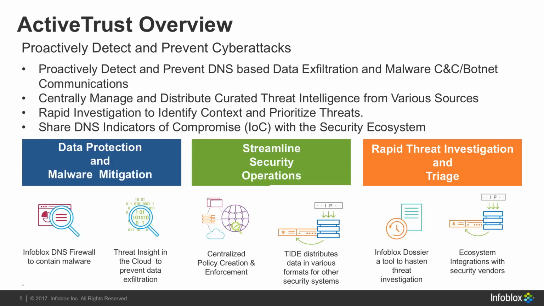This is our behavioral big data algorithms that sit on top of the firewall to do a lot of different algorithms in areas like DGA, fast flux. They monitor for the tunneling and exfiltration. There's both behavioral and pattern-based algorithms also included inside of the threat insight.